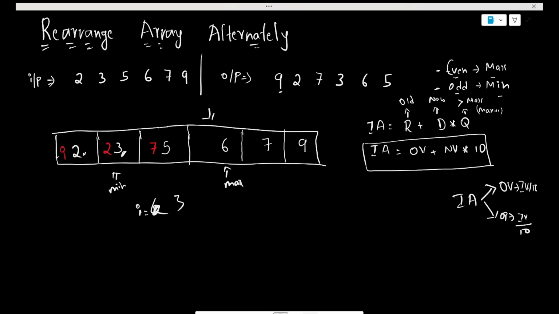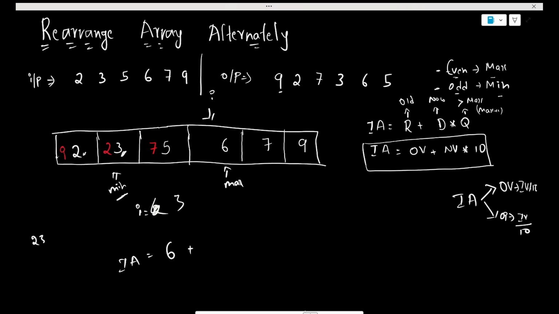Whenever I is equal to 3, then that is odd. Odd means we need to take minimum. So minimum here is pointing to this block. So first, what's the old value? I is pointing to 6. So 6 plus, so here min is pointing to 23.